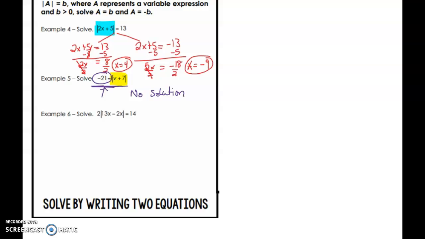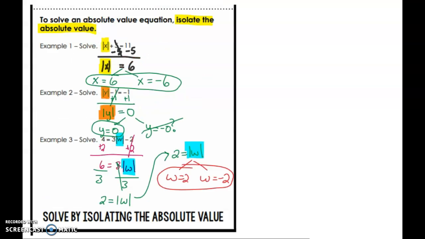And we're going to put a little reminder to ourselves: an absolute value can't equal a negative number. Now you can't make that decision to make it no solution until the absolute value is all by itself. Take a look back here on the previous page we did. Do you guys see example 2 right here?